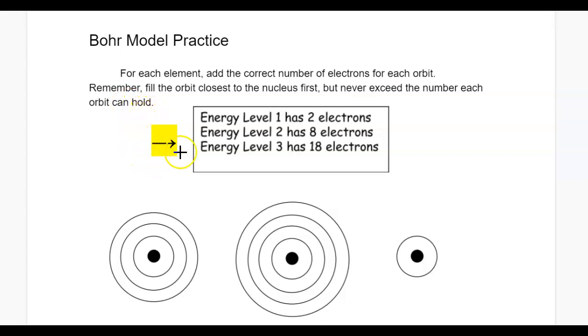You will see that I put this yellow arrow here and a reminder that the first energy level can hold 2 electrons. All right, the second energy level can hold 8, and the third can hold 18. All right, let's take a look at our practice.